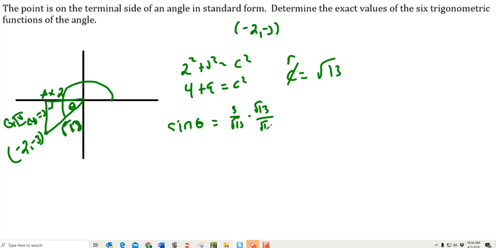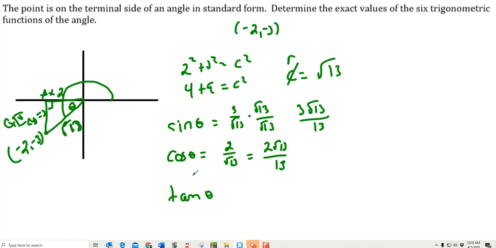And root 13 is actually pretty easy to work with. 3 root 13 over 13. Okay? Cosine of theta is going to be adjacent over that, so 2 over root 13, which is equal to 2 root 13 over 13. Tangent of theta, opposite over adjacent, 3 over 2.